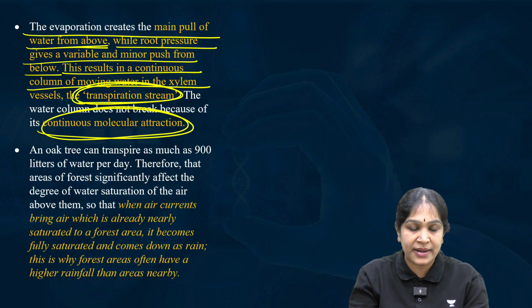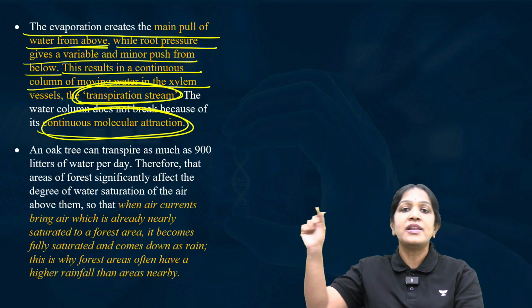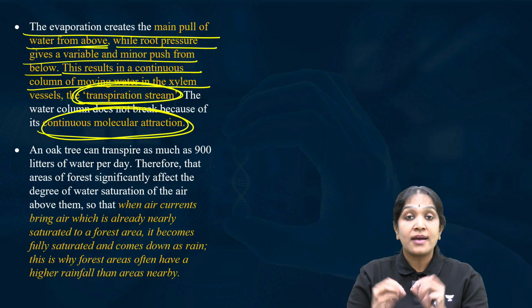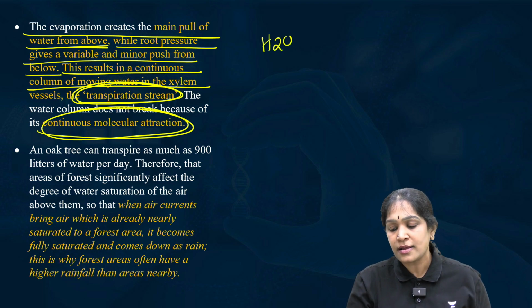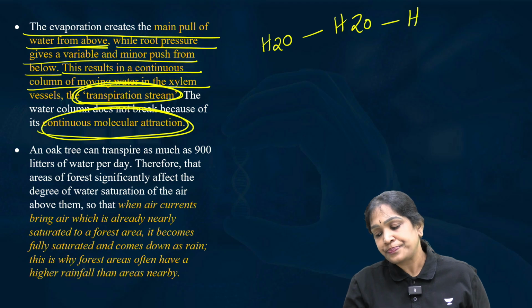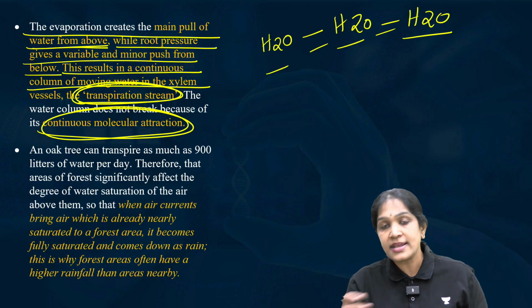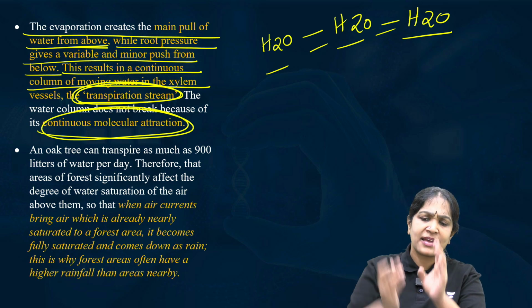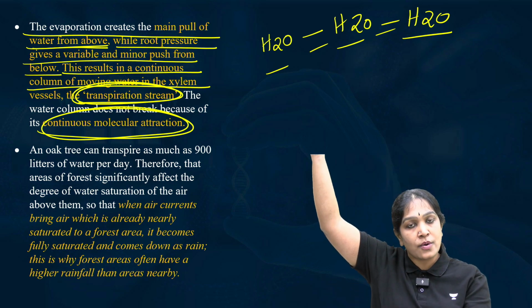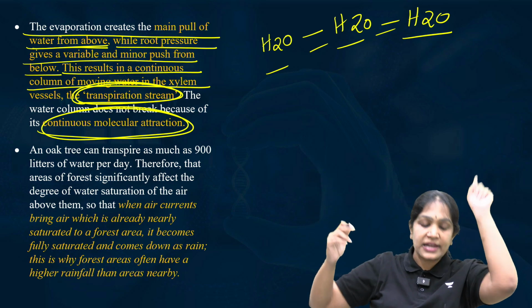It is not happening. A continuous stream comes through the straw. Why? Because of molecular attraction between the water molecules. So this stream will not break. Like a continuous stream, the water goes from the roots to the leaves.